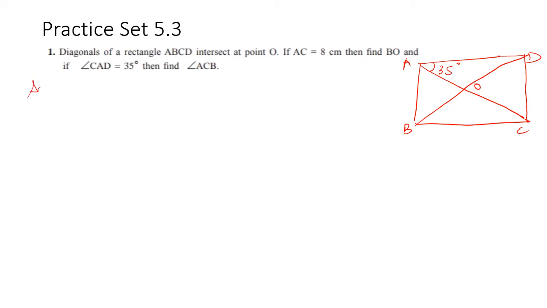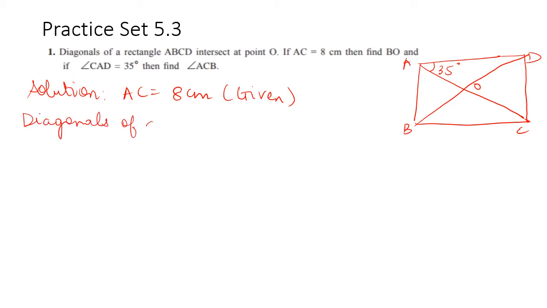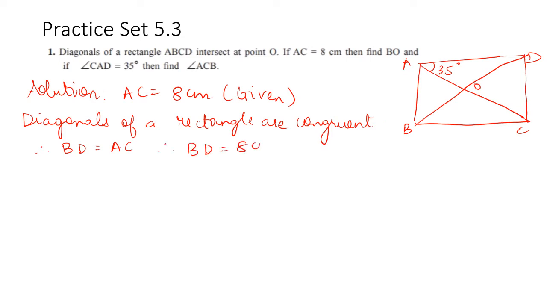The solution goes as AC is equal to 8 centimeters, which is given. Then they say diagonals of a rectangle are congruent. So therefore BD is equal to AC and therefore BD is also 8 centimeters.